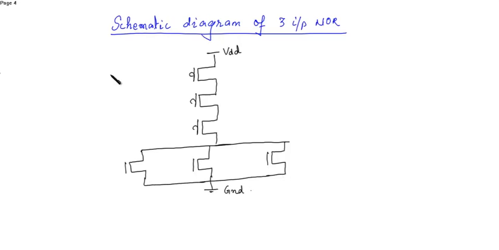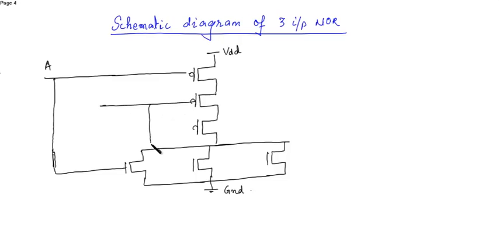This is ground. If this is input A, then this is input B, and this is the input C. This is A, B and C. Okay.